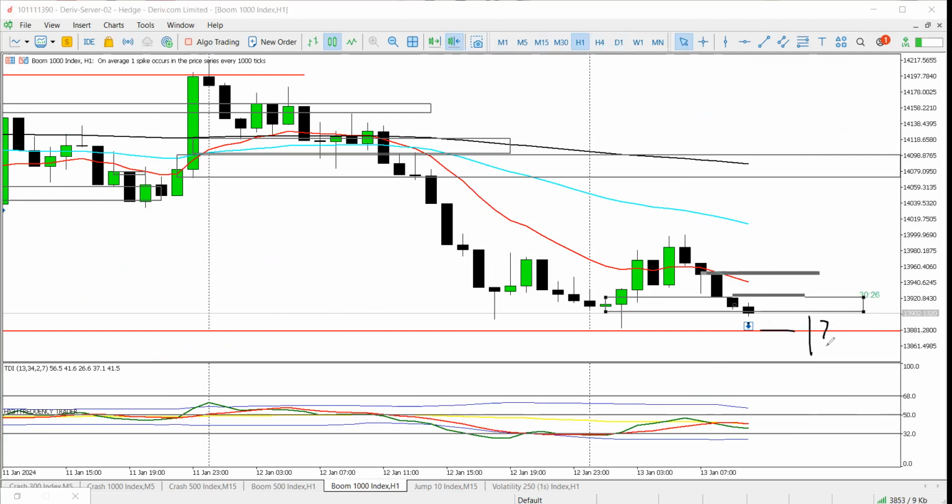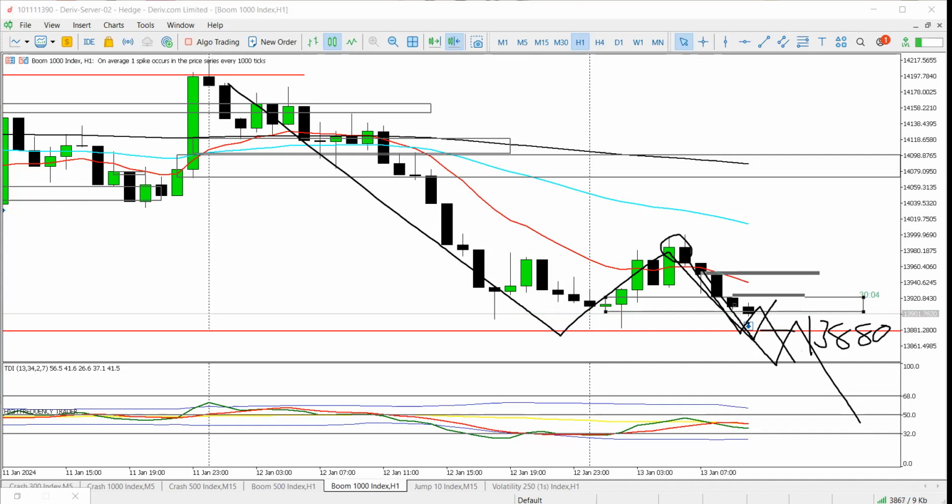If price gets to 13,880, it's a point of interest, though it's low probability, because it could just be price continuing down. We will potentially be buying a retracement into today's sell momentum.